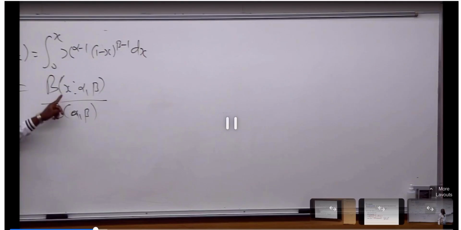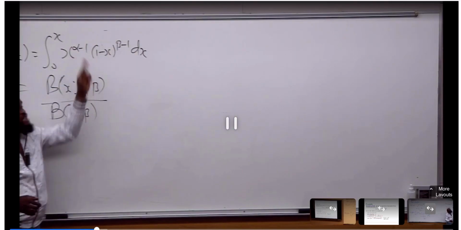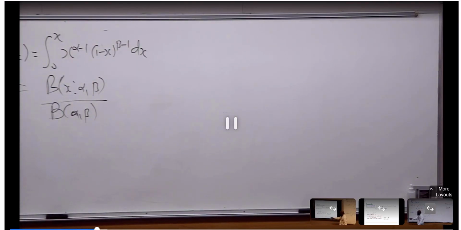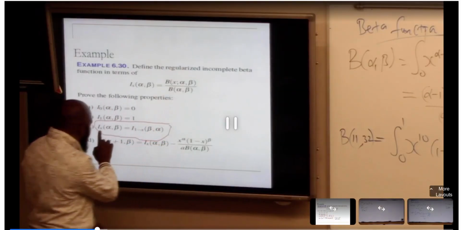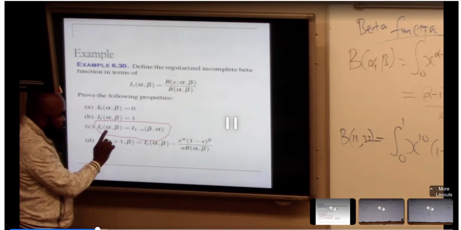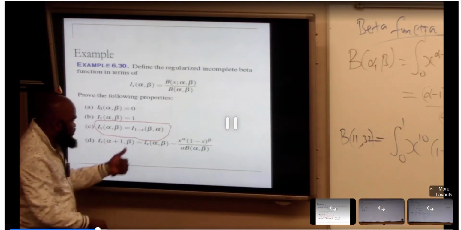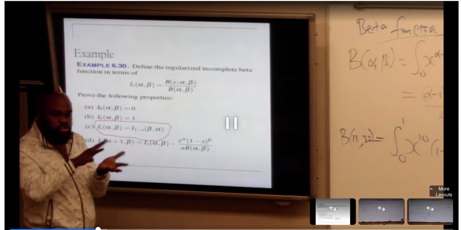And if I'm focusing on 1 minus x, which means I want my 1 minus x first, I'm going to switch that as well. That's why you see this. If I'm focusing on x, it's going to be alpha, comma, beta. But if I'm focusing on 1 minus x, I'm going to switch the parameters.